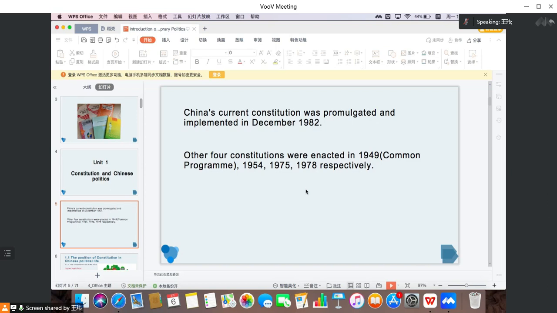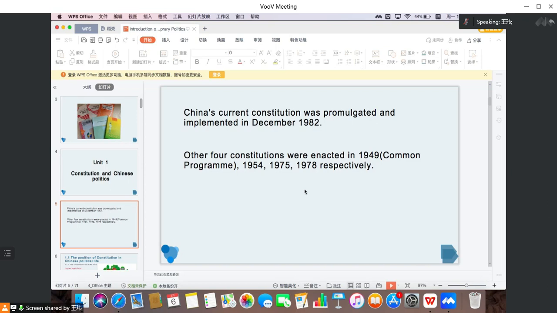Can you understand that? Following other versions of the constitution were also revised or enacted again and again, with the development of society and social issues. So we have to revise or enact a new constitution.